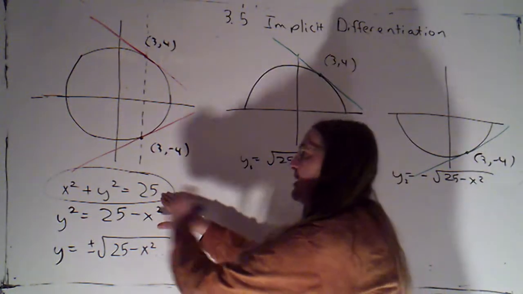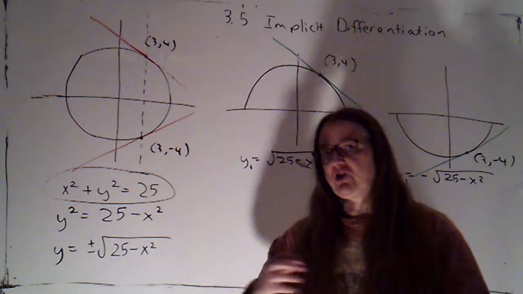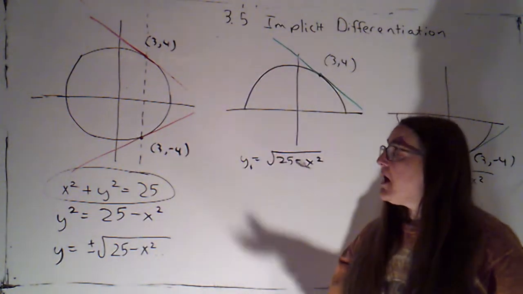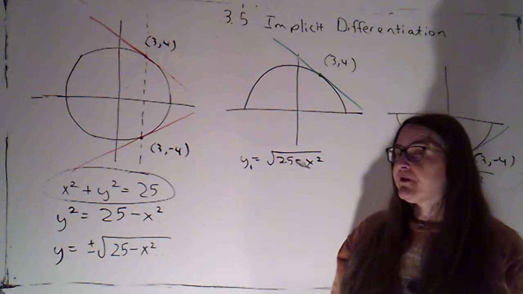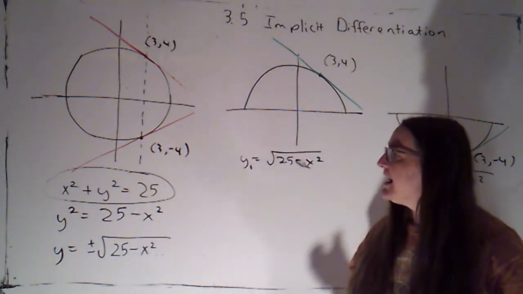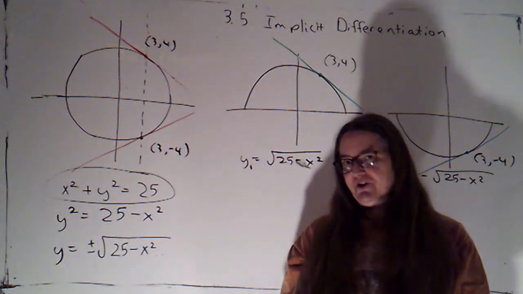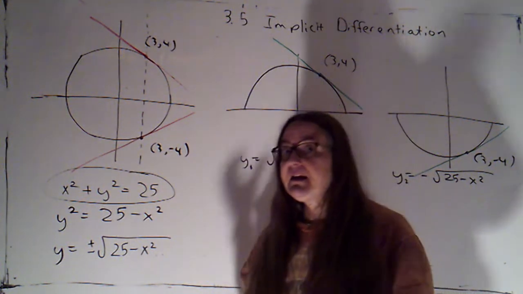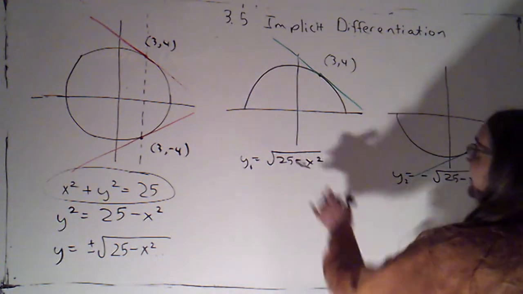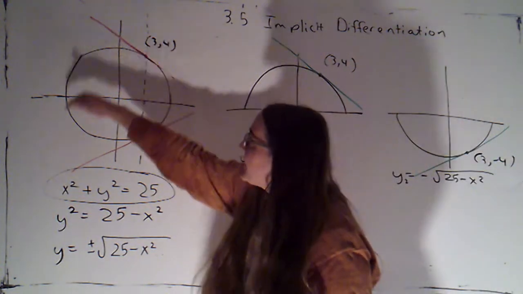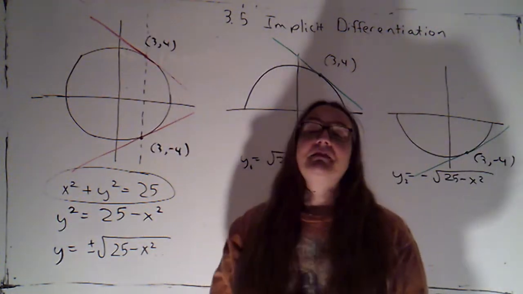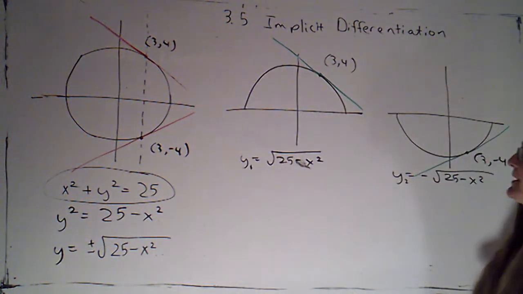Here, when I have an equation that gives me a relationship between x and y, for at least almost every point on the curve, if not all, that's going to implicitly define y as a function of x, meaning there's some function that describes the part of the curve that contains the point we're concerned about.